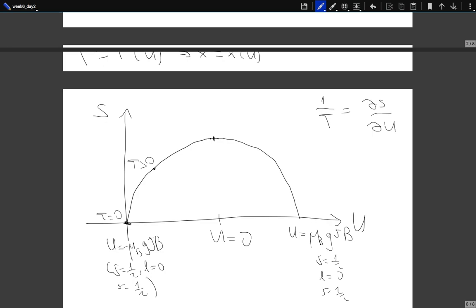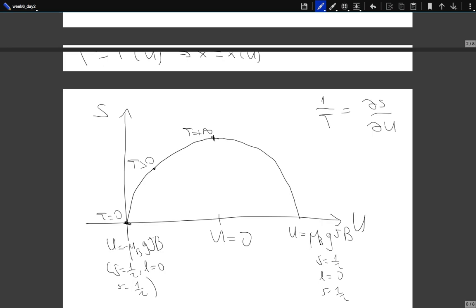If the derivative with respect to U is 0, 1 over T is 0, that corresponds to T becoming plus infinity. So we started from T equal to 0. As we increase the temperature, or the internal energy, eventually when U is equal to 0, T is equal to plus infinity.